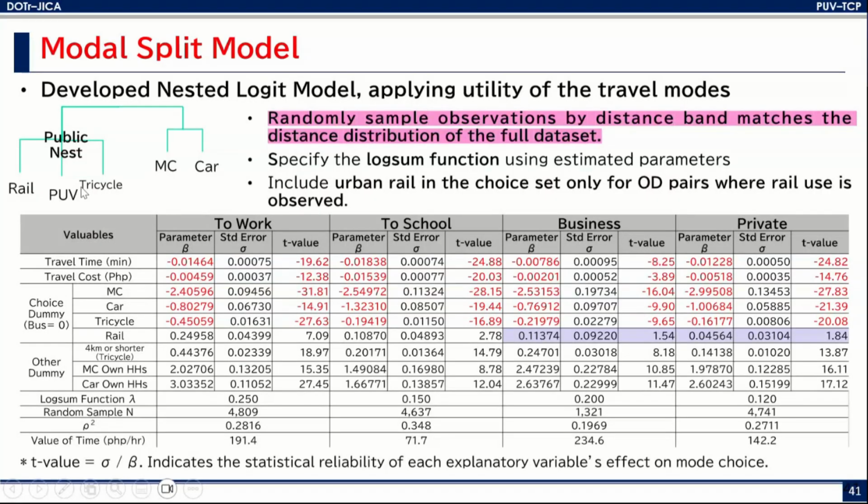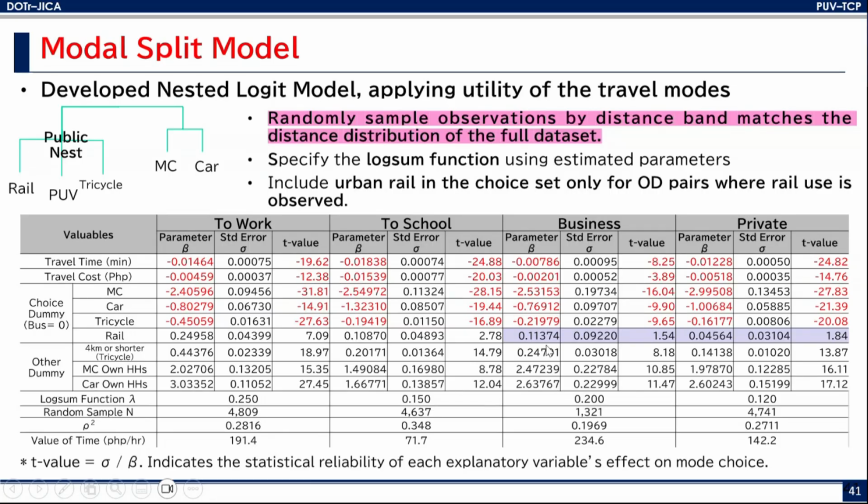Among the five travel modes, including motorcycle, car, tricycle, PUV, and rail, three modes are grouped as a public transport nest and compared with motorcycles and car. According to trip purpose, each parameter is estimated.